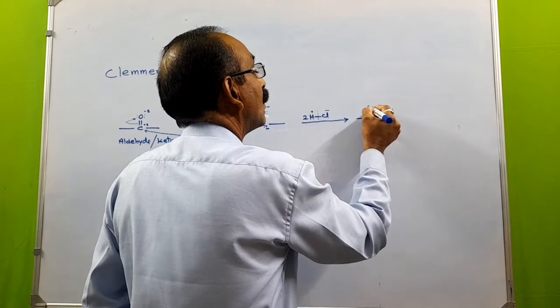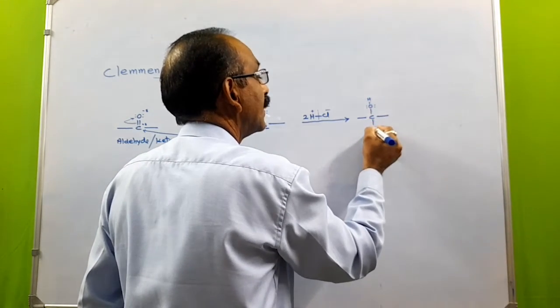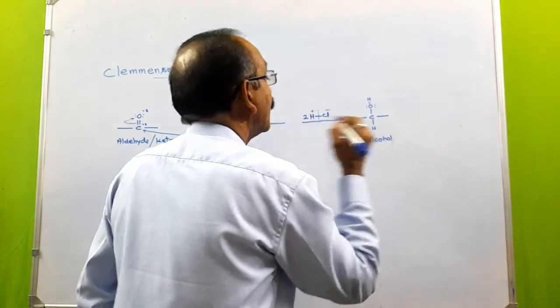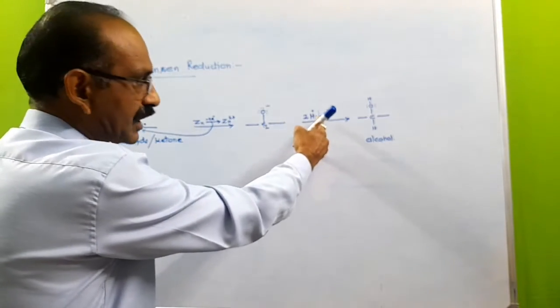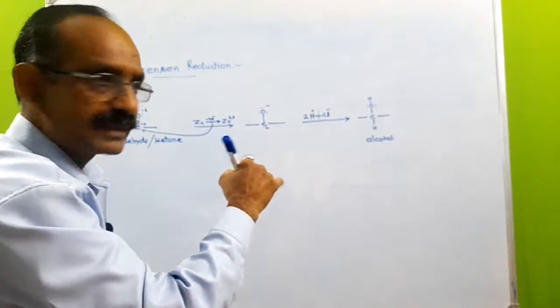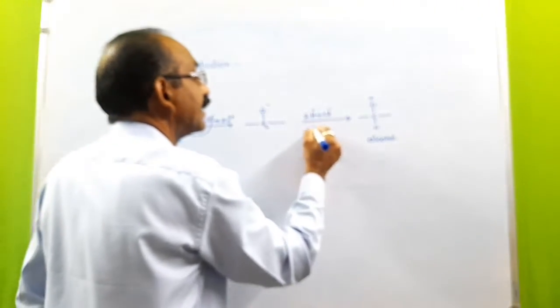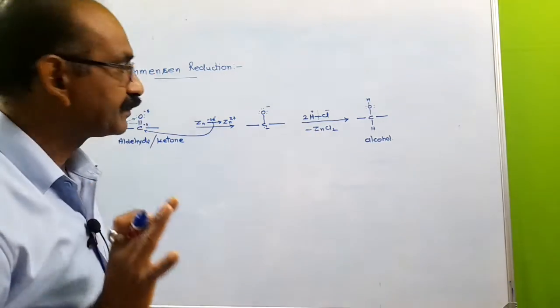Now OH and here H. We'll get an alcohol here. Now the two Cl minus set free, which are furnished by the dissociation of the HCl, will combine with the Zn2 plus ion and form ZnCl2.